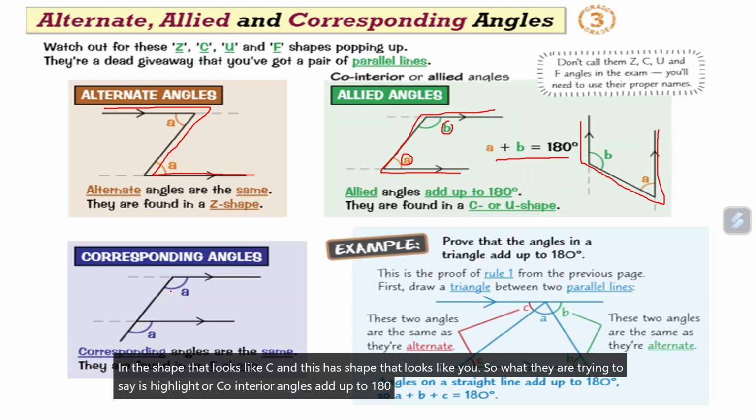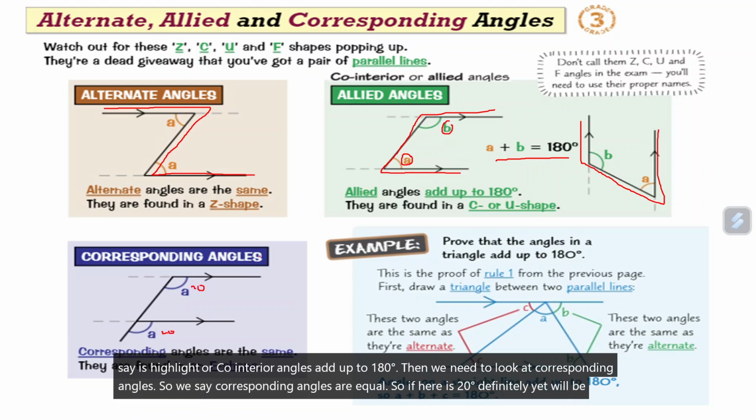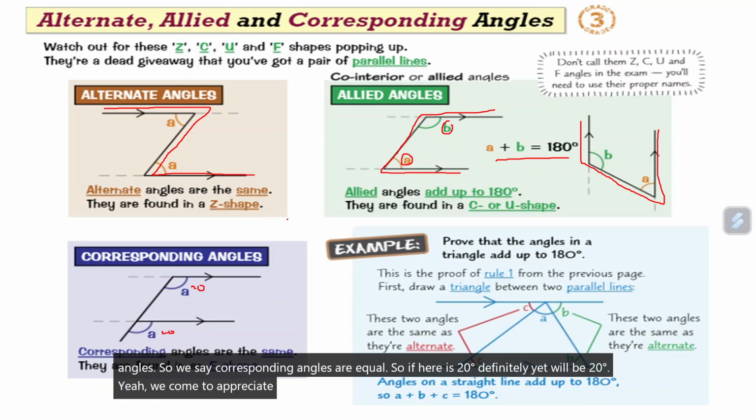Then we need to look at corresponding angles. Corresponding angles are equal. So if here is 20 degrees, definitely here too will be 20 degrees. Yeah, we'll come to appreciate this once we have some exercises to practice.